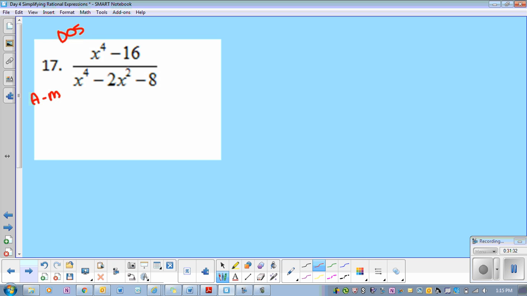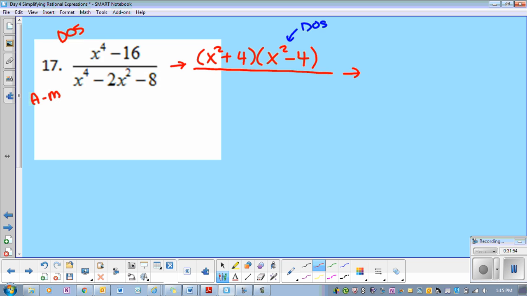Up top it becomes x squared plus 4, x squared minus 4. Factor that one again. Since there's so much to do in the numerator, we should just keep going with the numerator: x squared plus 4, and then we have x plus 2, x minus 2.